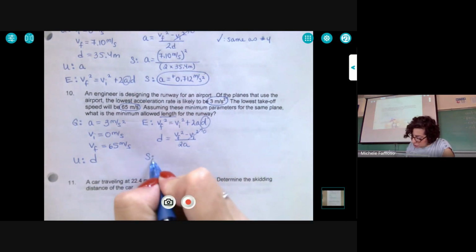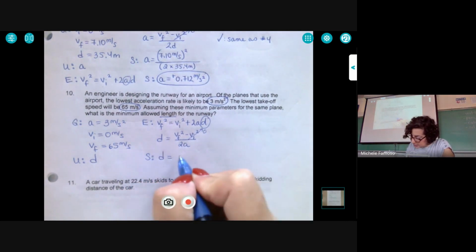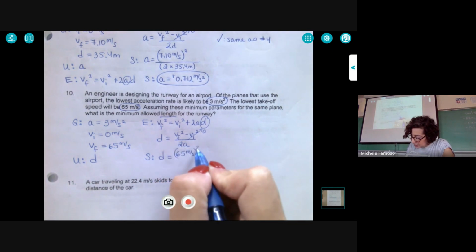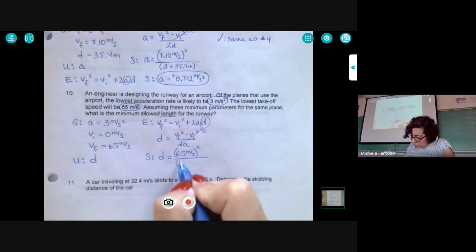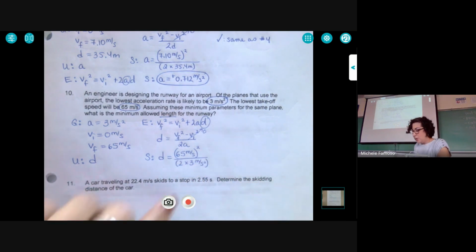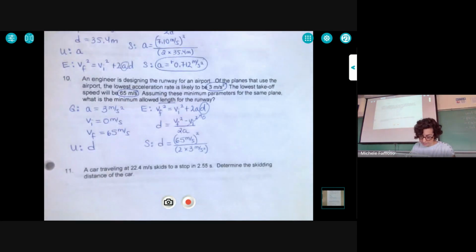So our substitution will look like D is 65 meters per second, which must get squared, all over 2 times 3 meters per second squared. What is 2 times 3? 6. So just do 65 squared divided by 6 on your calculator.